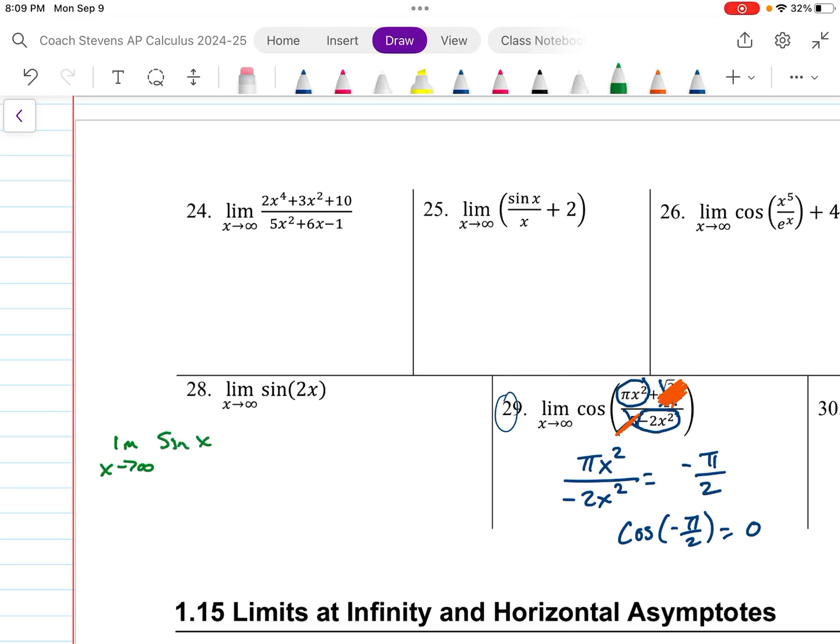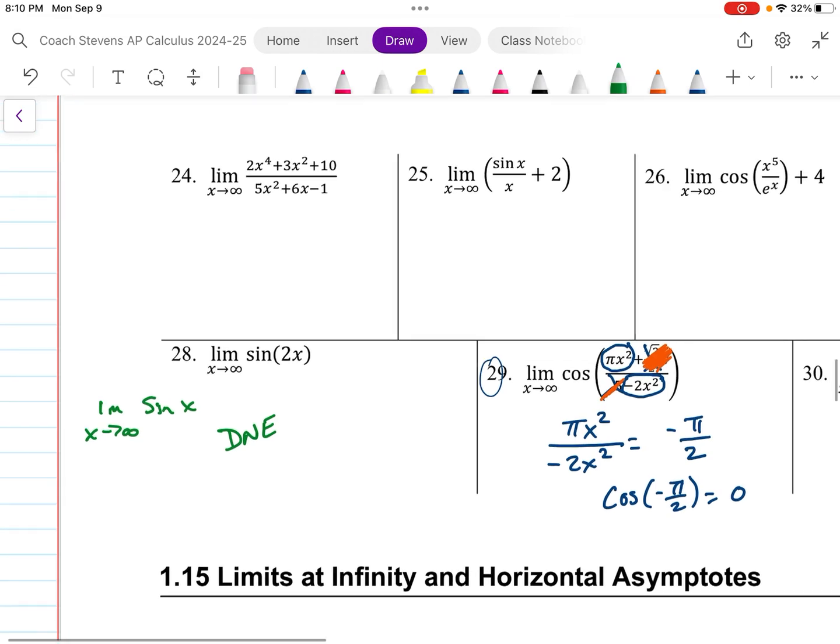Well, sine x oscillates back and forth between 1 and -1. So this limit does not exist. It's not going towards 0. It's not going towards a specific number, just because sine in general oscillates back and forth. So we would say this one does not exist.